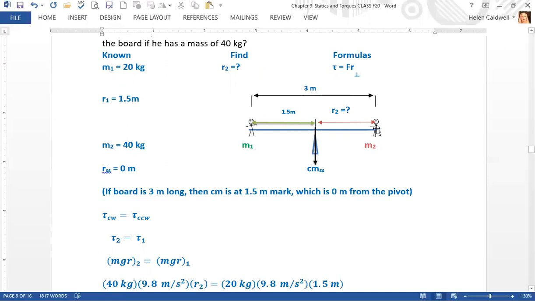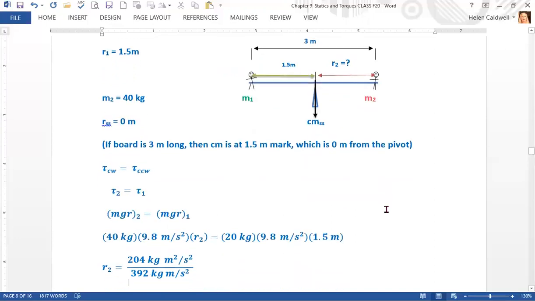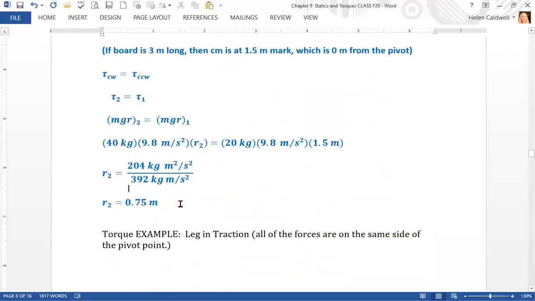So to keep it balanced, because he weighs twice as much, he has to sit half as far away. You don't have to do it intuitively. The math really will work, especially if you plug in the right answers. All right.